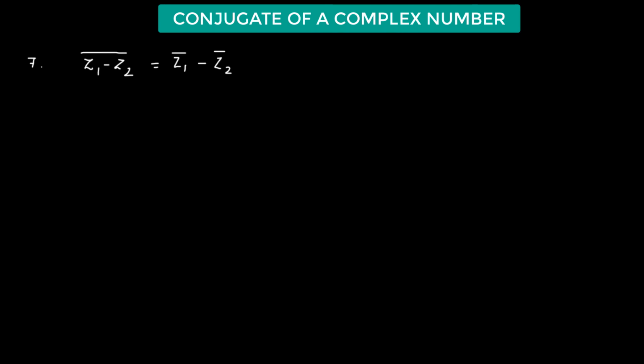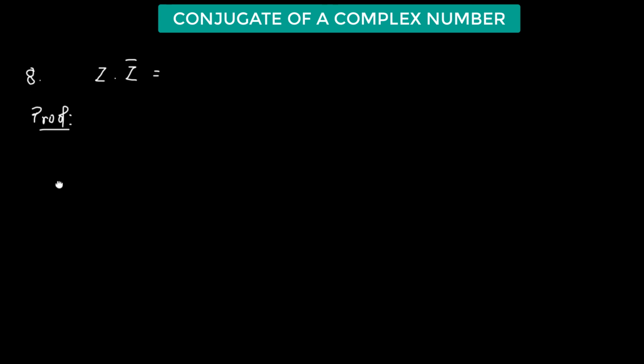Let's go to property number 8. This is a very important one. We take a complex number and then multiply it to its conjugate. Let's see what it gives. So let's say proof.